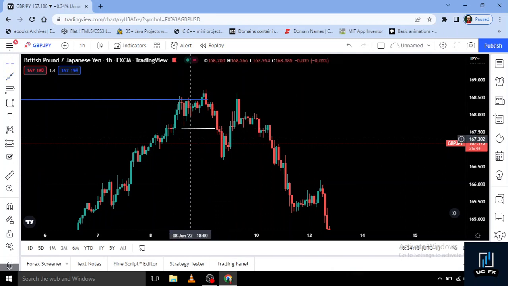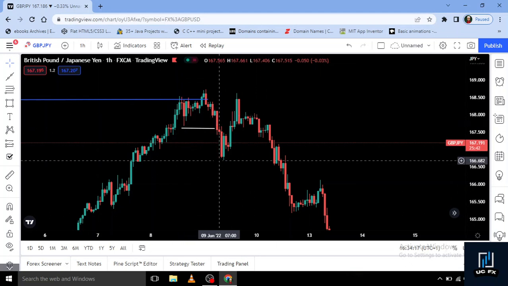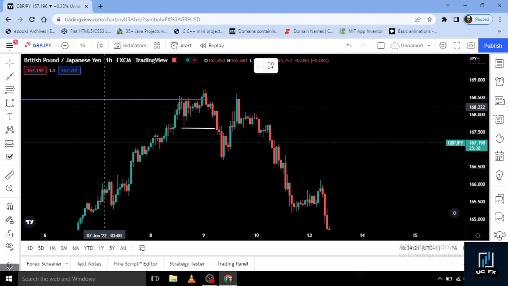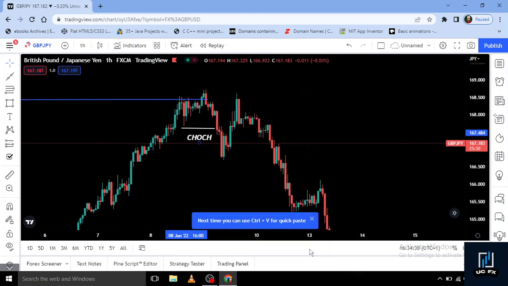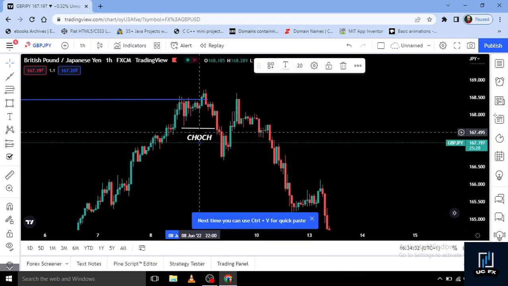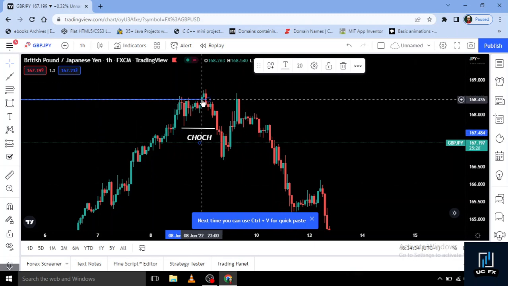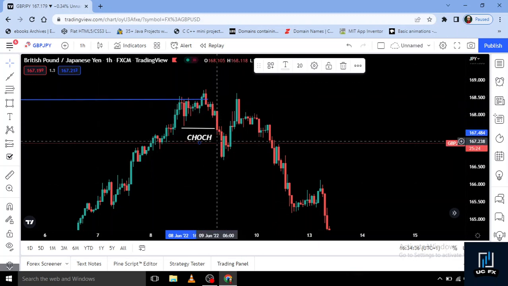So right here, this is what we call change in character. You will label it as well. It basically is a point where the market decides to either go down or go up.